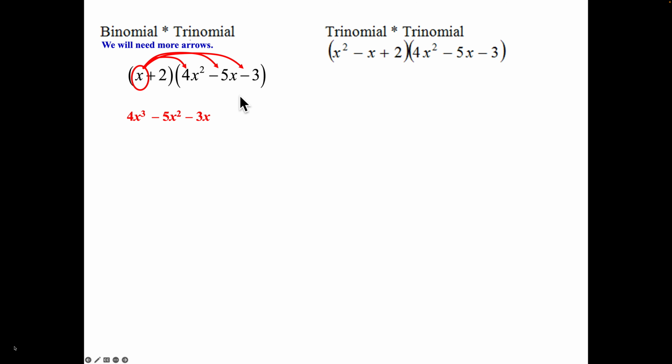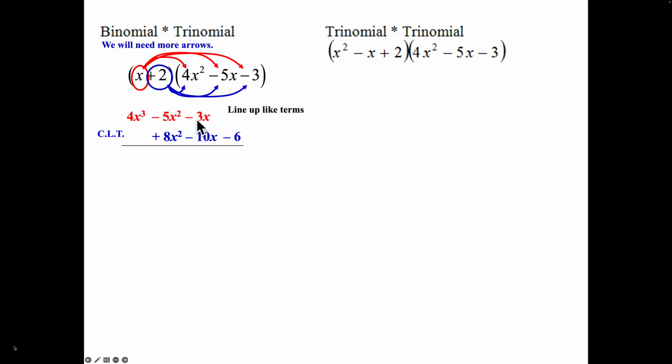Now here's where you want to organize. Once you start this 2 being multiplied to these terms, start to line up your like terms. So 2 times 4x squared is a positive 8x squared. Write it underneath the minus 5x squared. Don't put it off to the side here because now you got to go back and forth. Everything's lined up vertically. 2 times the minus 5x will be a minus 10x.